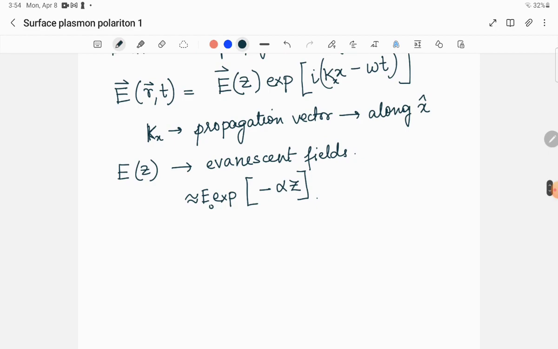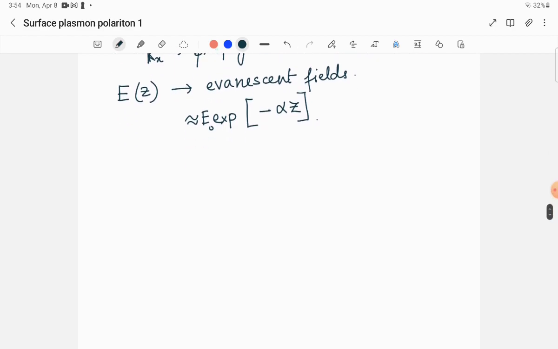If I look into the cross section once again, the upper part is the dielectric and the lower part is your metal.